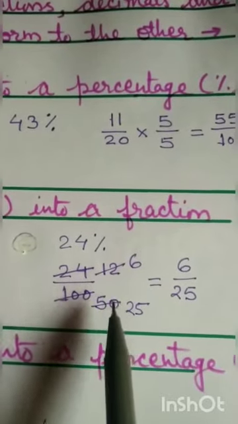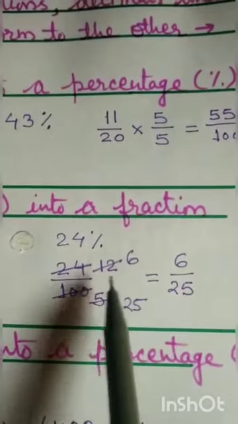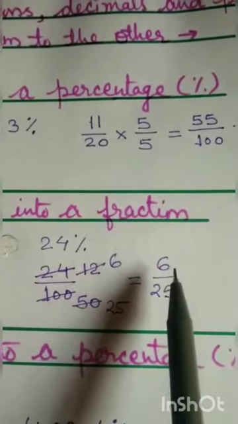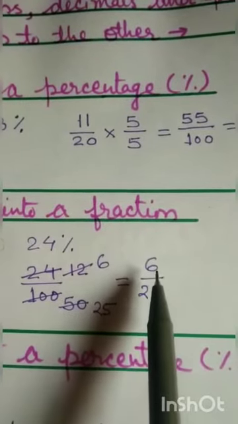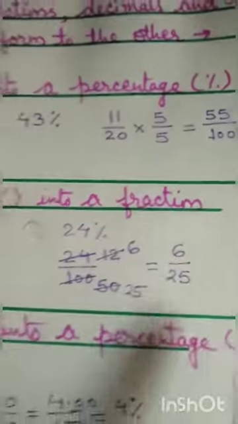Again it is divisible, so we divide by 2. 2 6s are 12. 2 25s are 50. So the fraction in the simplest form will be 6 upon 25.